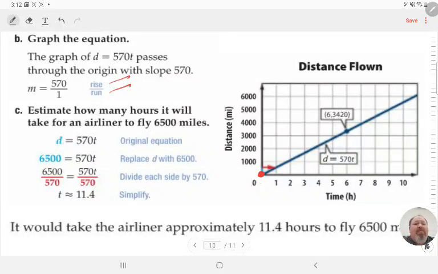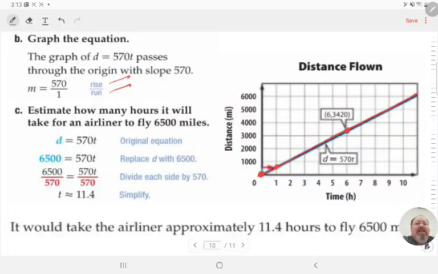So we would go up to about where 570 would be and over to 1. That's going to be about right there. Then we just draw a straight line through the points. And by the way, this point would be on my original, where it was 6 and 3,420, and you can see it actually falls on that point. Okay, that was from question A.